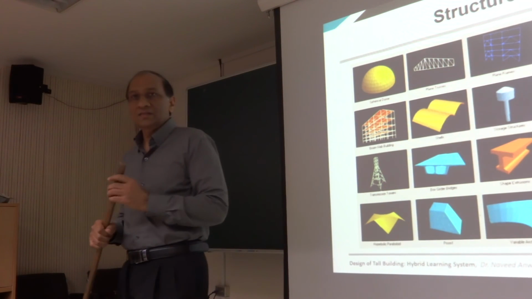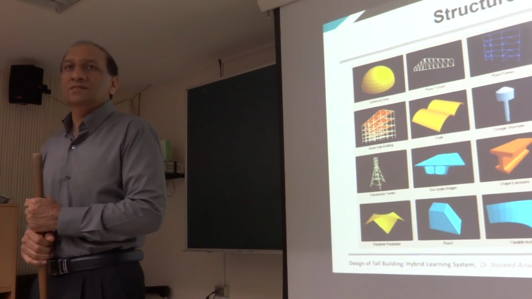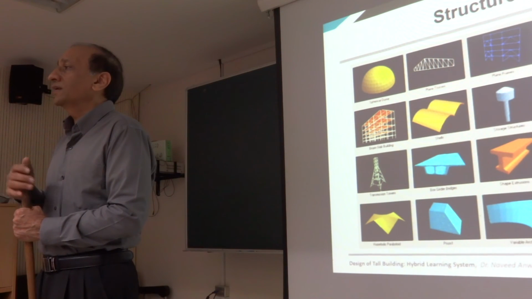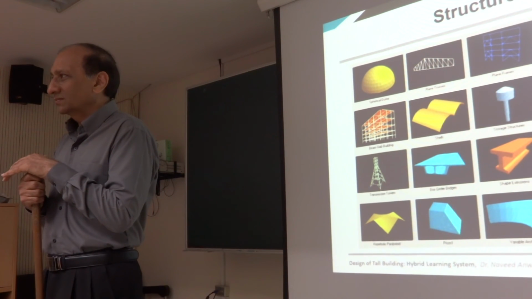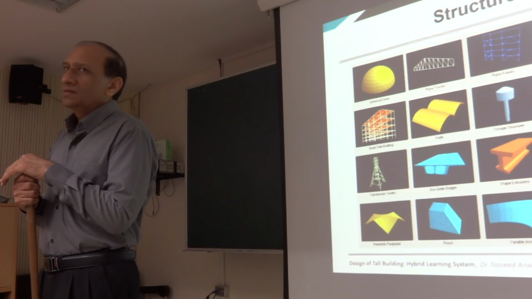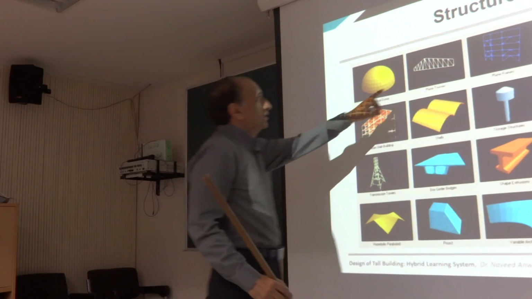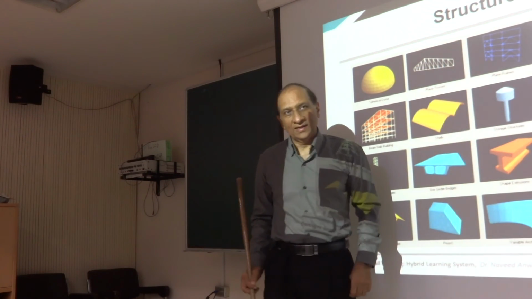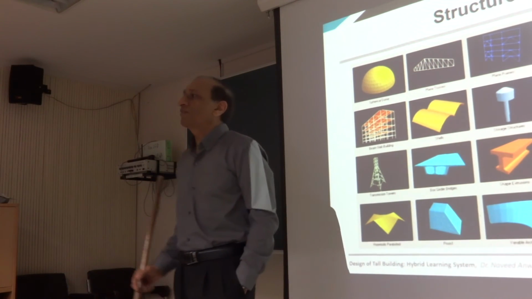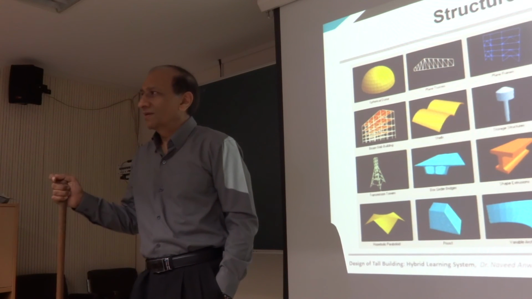Mechanical engineers have almost always used solid modeling for their objects. Civil engineers, on the other hand, have traditionally used line elements for their modeling, which is so far from reality, right?